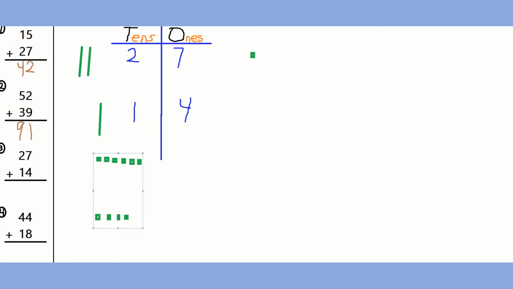And we're going to replace it with 1 10, because we got rid of it over here and we put it over here. So now all we need to do is count what's left. How many ones are left? Just that 1. And how many tens? 1, 2, 3, 4. 4 tens. So we know that 27 plus 14 is 41.